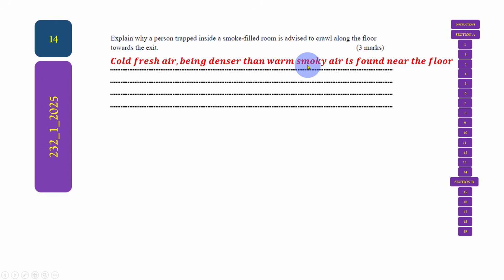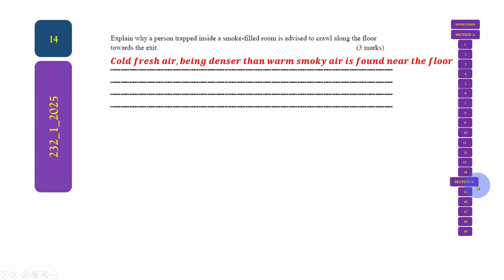And we know denser gases are found as low as possible, so they will be found closer to the floor. But warm, smoky air is found floating on cold, denser air. So that is why this person would encounter cold, fresh air near the floor than when the person is just standing.